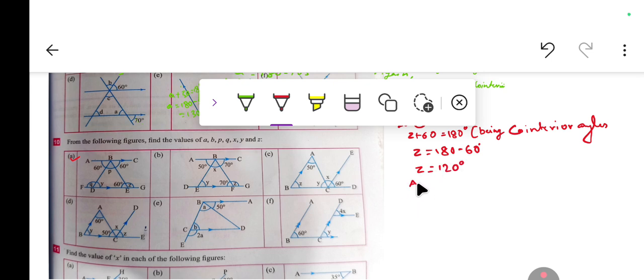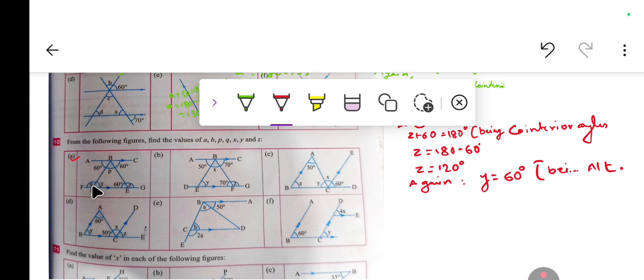Now again, we have to find out the value of y. So y will be equal to 60 degree, and the relation between y and 60 is alternate. You can write the reason over here, in short form, being alternate angles.